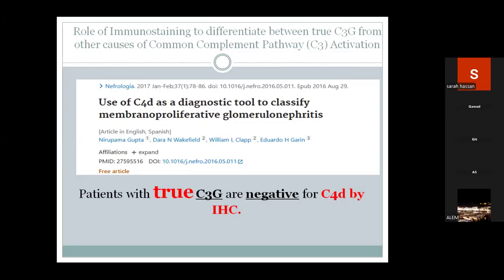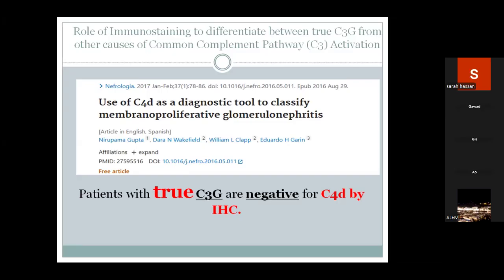So whenever we have low C4 in the serum, or C4d stained by immunohistochemistry, this means that the classic complement pathway is activated, which means that it's not a complement pathway dysfunction, because complement pathway dysfunction affects what? It affects the common pathway that starts with C3, just the C3.